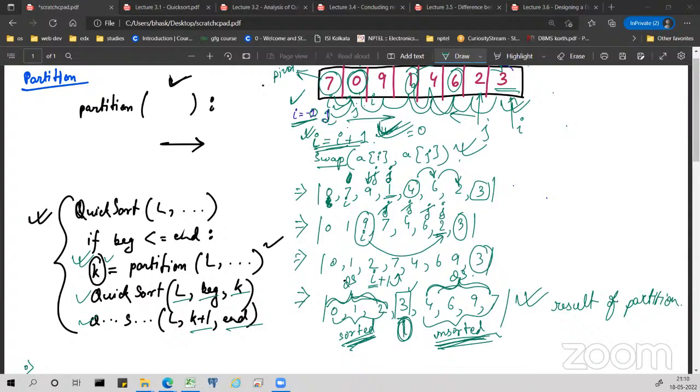Exactly. Lower is 1. Okay, so you swap 0 with itself, fine. So that means you have not executed the line I plus 1, correct? You have directly swapped A[I] and A[J]. Yes. Fine. Then let's proceed in that way. Let's see what happens if we proceed in that way.